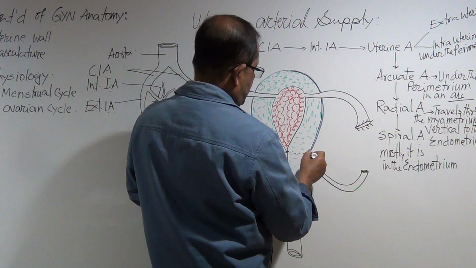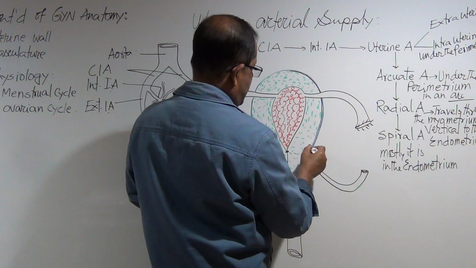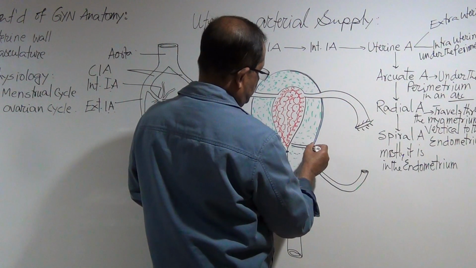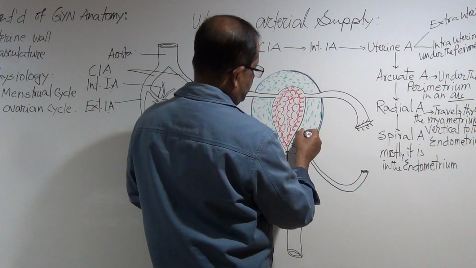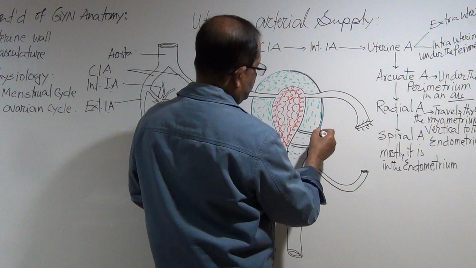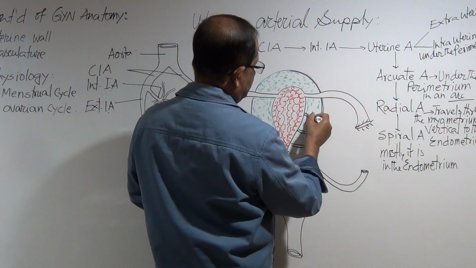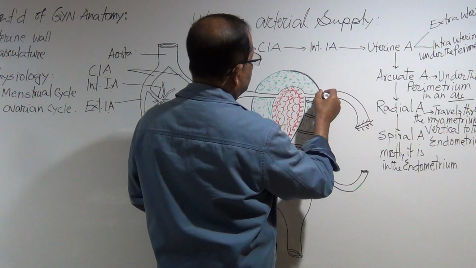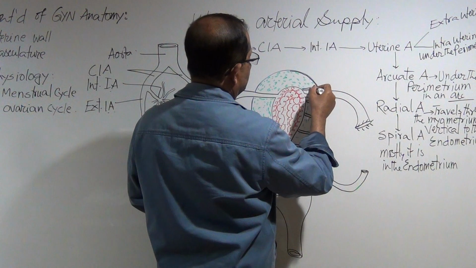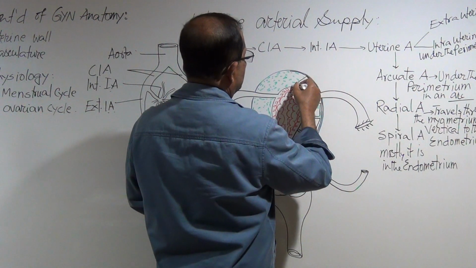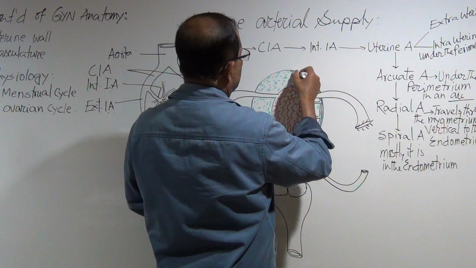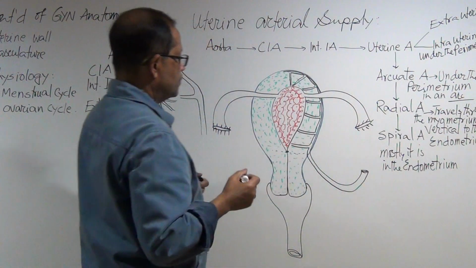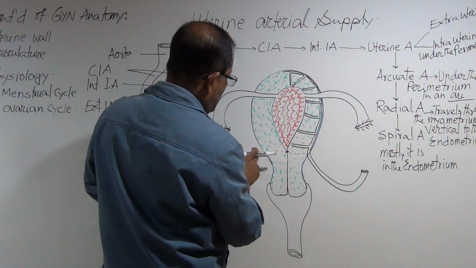Then it gives the radial artery. Yeah, arcuate artery. Okay, the same thing happened on the other side.